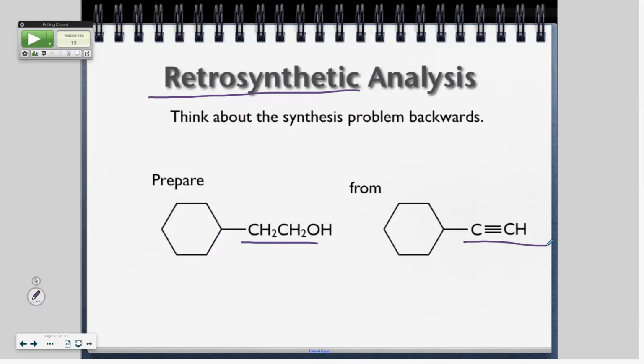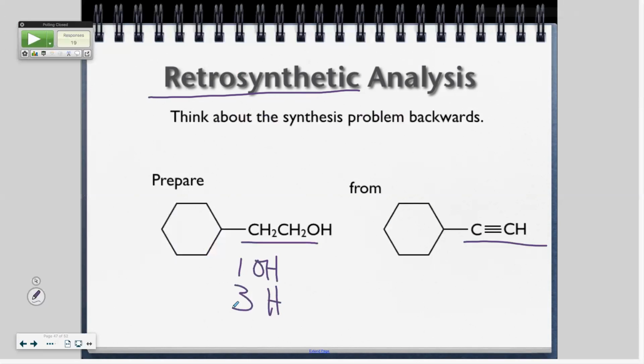So remember, always analyze. What's the difference? What do we need to add? We need an OH. What else? One OH and hydrogens. How many? 3.